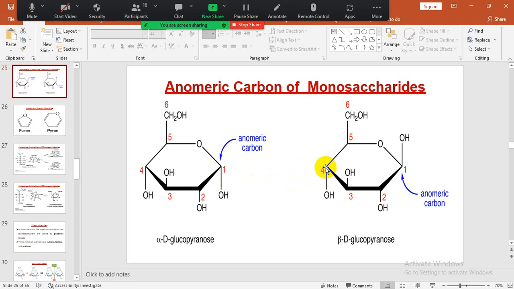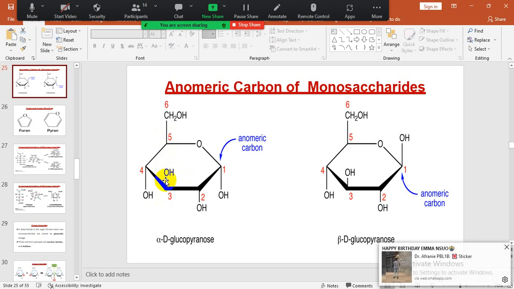Down. Okay, clap for Prosper, he has done well. Prosper, where is it pointing? Stop, stop, stop. What carbon number is this?